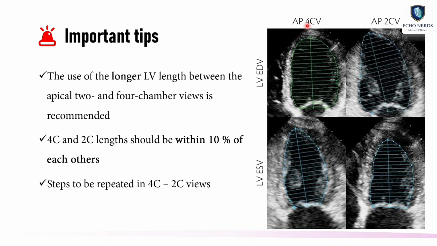Notice that here in the apical four chamber during diastole, we cut through the trabeculations, and in the apical four chamber view during systole, we also cut through the papillary muscle here. So they are part of the cavity. We cut through these trabeculations. So take care of this tip.